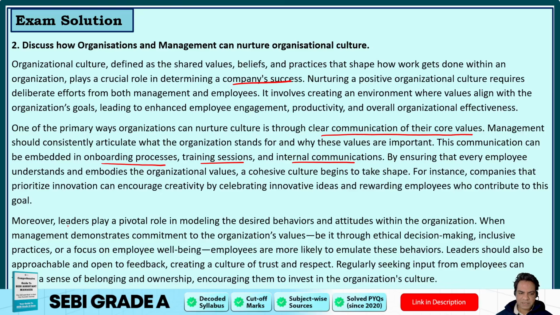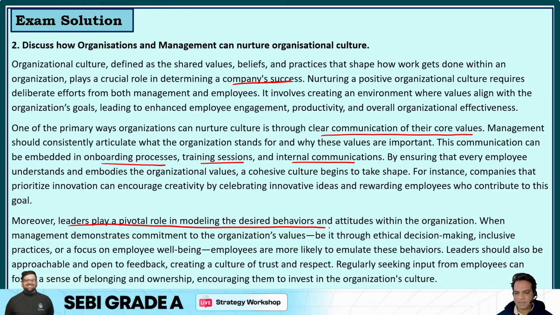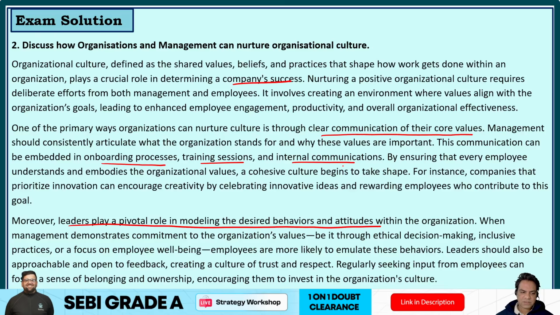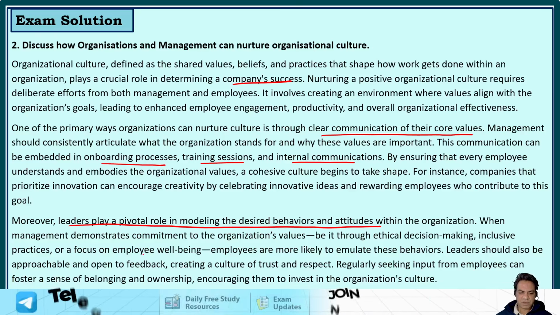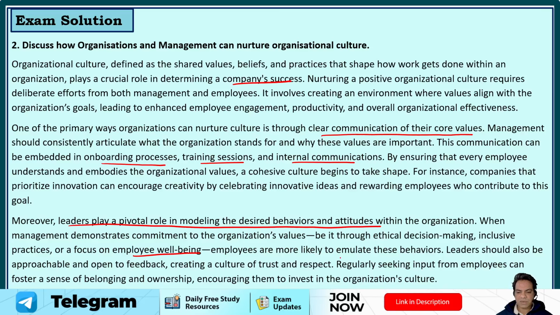Then leadership. Leaders play a pivotal role in modeling the desired behavior and attitudes within an organization. So people at the management level should be very careful in proliferating such culture in the organization. It should focus on employee well-being. Employees are most likely to emulate these behaviors.